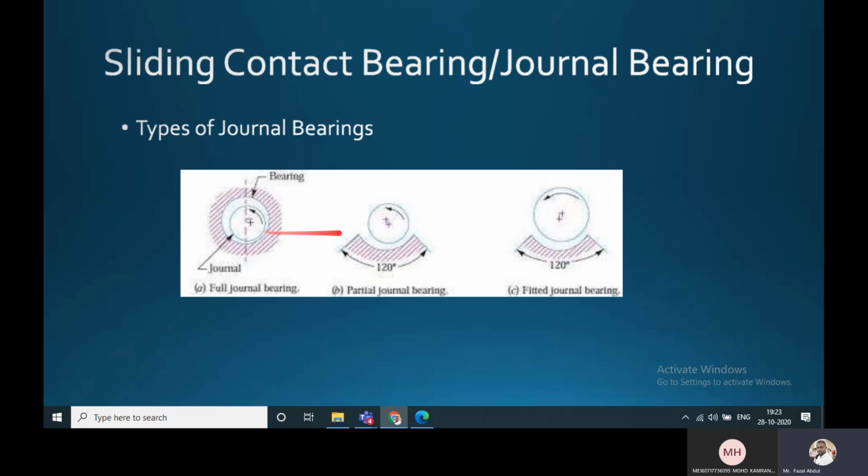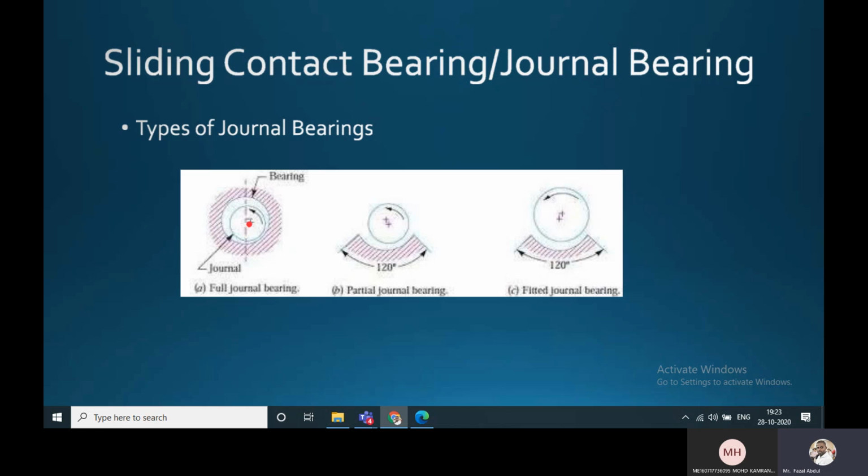Now, what is the use of these three bearings? With the help of the full journal bearing, we can apply the radial load in any direction. Radial load means, this is the axis of the shaft. If you apply a load perpendicular to the axis of the shaft, such a load is known as a radial load.